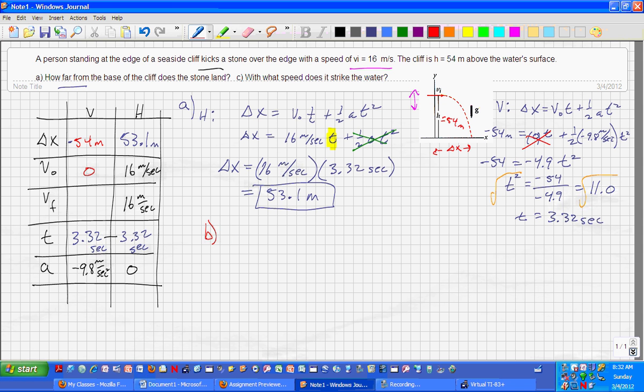Part B, we're looking for the V final, and keep in mind we've got three final velocities to deal with. We've got V final in the y direction, or the vertical direction. We've got V final in the x direction, which is the horizontal direction.